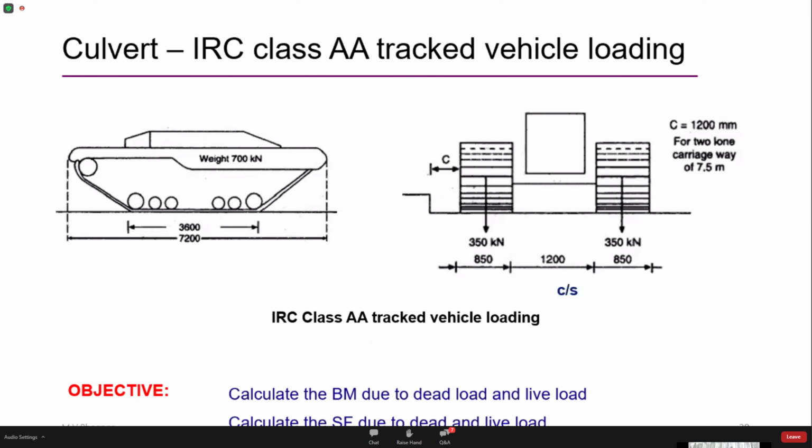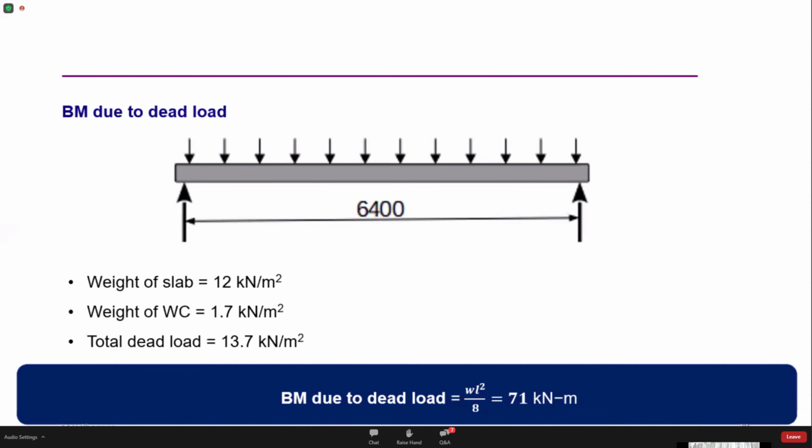Let's take this simple example and try to understand what this effective width method is. The first thing we need to do is find the bending moment produced due to the dead load. Since the dead load is a static load and is spread uniformly over the entire length of the bridge, I can calculate the weight of the slab. I've multiplied the thickness of the slab by the density and worked out the weight of the slab.